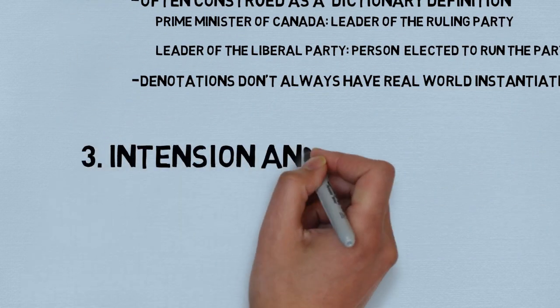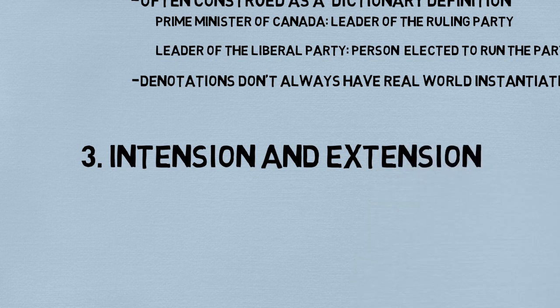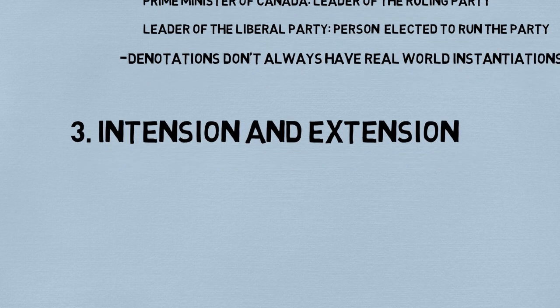The next two ways that we can define meaning are somewhat of a pair, and we'll talk about them in conjunction. These are extension and intension. The distinction between intension and extension is an attempt to rectify the fact that a word's denotation does not necessarily equal the word's actual real-world instantiations.